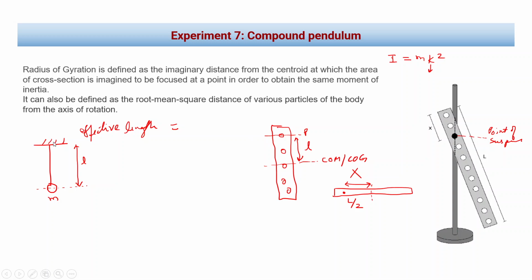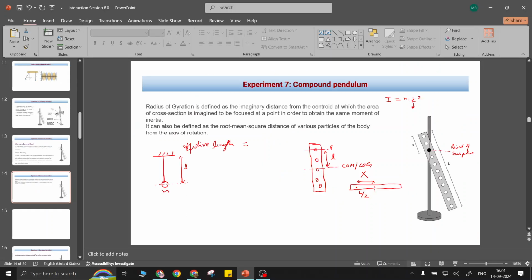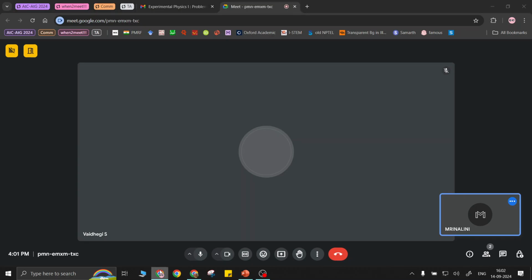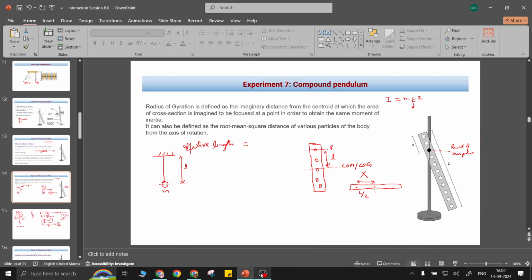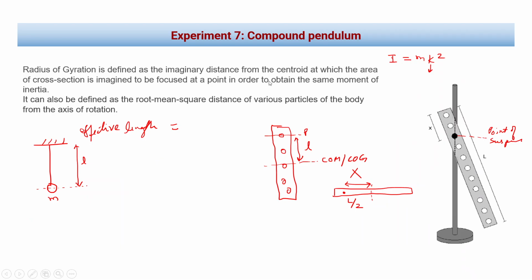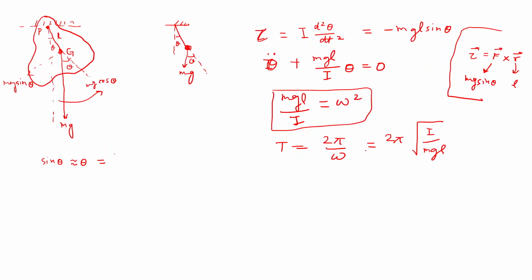For simple pendulum, we know it's the distance from point of suspension to the mass. How is it different for compound pendulum? Because we will be using that while doing the experiment also, that what is that effective length value.